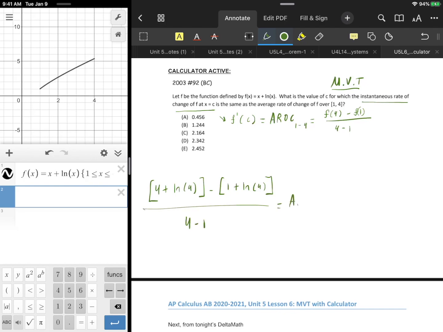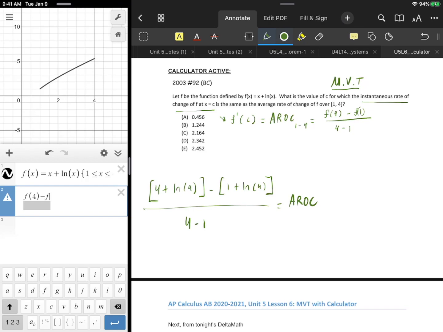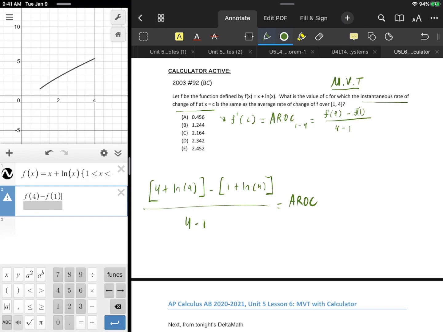That is your average rate of change. But Desmos can take care of this for you. And it can take function notation, and so can your TI-83. So you're allowed to do this. You're allowed to just write this all in at once as f of 4 minus f of 1 all over 4 minus 1. And yeah, that seems reasonable, kind of a slightly positive slope there.